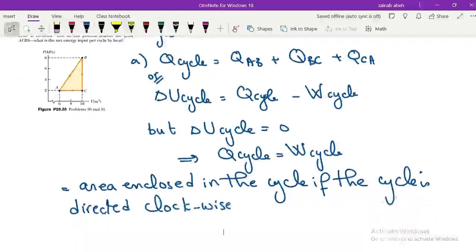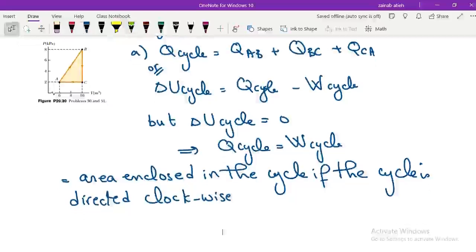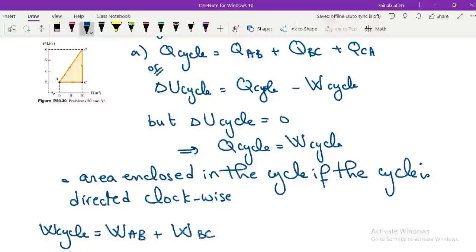I will explain why. Why is the work of the cycle equal to the area inside the triangle? The work of the cycle is actually the work for AB plus the work for BC plus the work for CA. I'm explaining it for this cycle, but it's true for any cycle. First, BC has no work because there is no area under BC. The work for AB is equal to the area under AB.